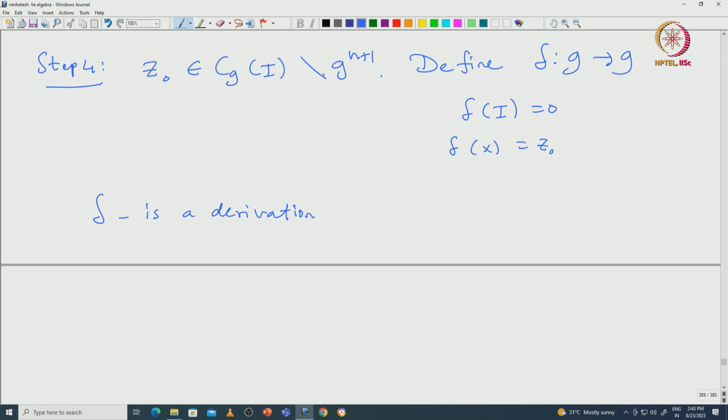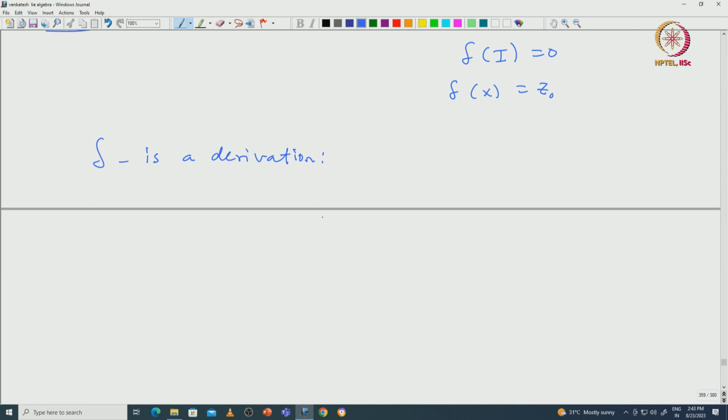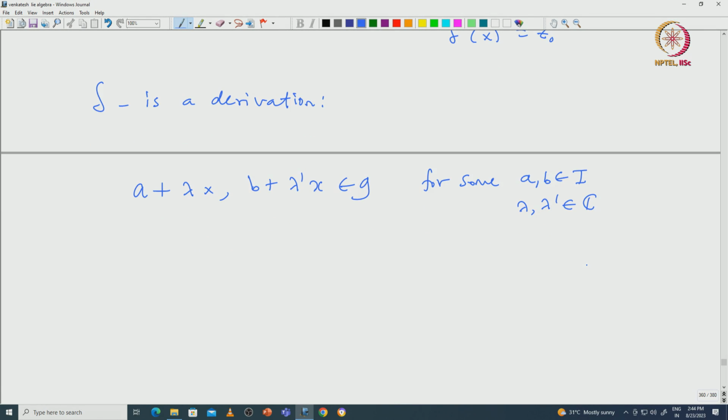So, that is actually a very simple check. If I take elements from this Lie algebra G, they look like a plus lambda x and then b plus lambda dash x, for some a, b in capital I and lambda, lambda dash in C. So, this is how any given elements will look.